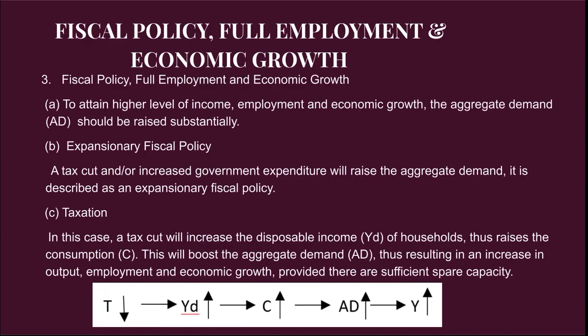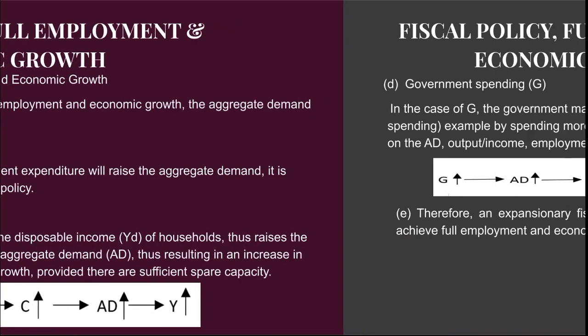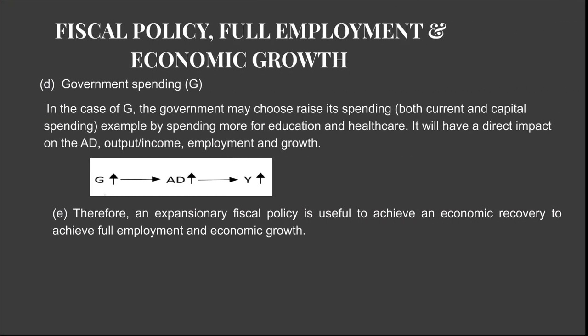As the national output increases, the level of employment increases, because there is an increase in aggregate demand. The demand for goods and services is higher now, therefore more jobs will be created, more opportunities are out there, therefore this will increase the level of employment, production, as well as economic growth.